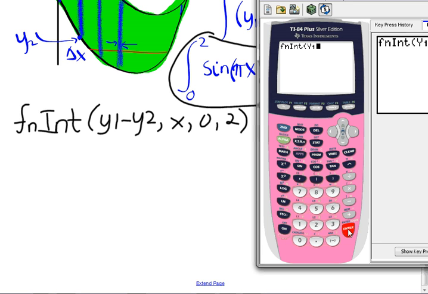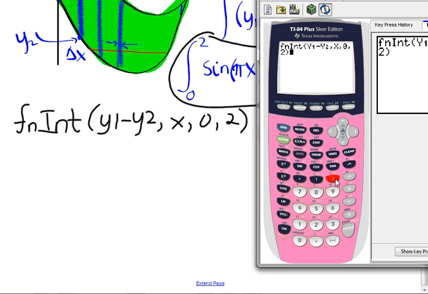Minus. Then for those who have the new operating system, you can do it this way: alpha, calc, and I just have a little shortcut bar here, which is y2, which is really nice. Comma, x, comma. Yes, you have to put these in, y1 and y2. Comma, 2.